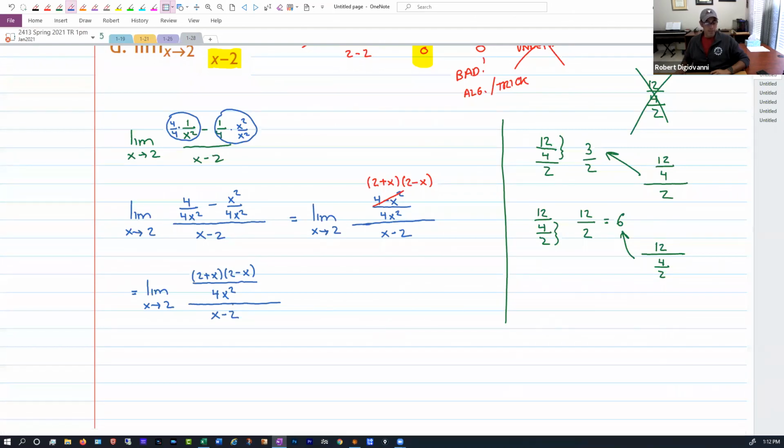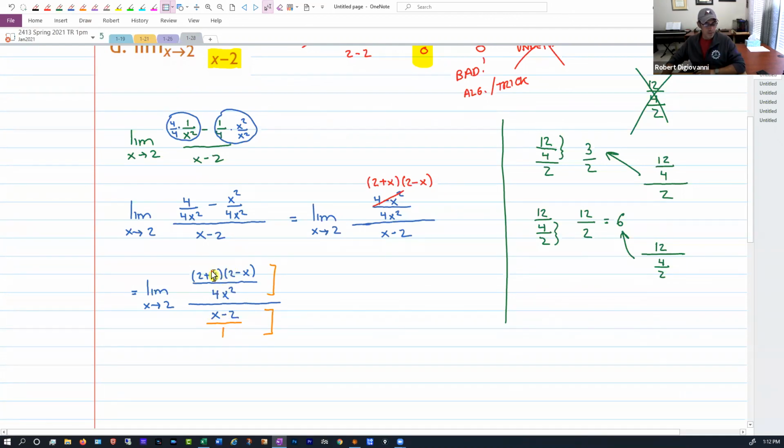Now, please understand at this point that the x minus 2 in the denominator, you could look at it like a fraction over 1. And the reason I want you to understand that is because if we have a top fraction and a bottom fraction, if there's something in the numerator of the top fraction that could cancel with the numerator of the bottom, we can just cancel them out, okay?